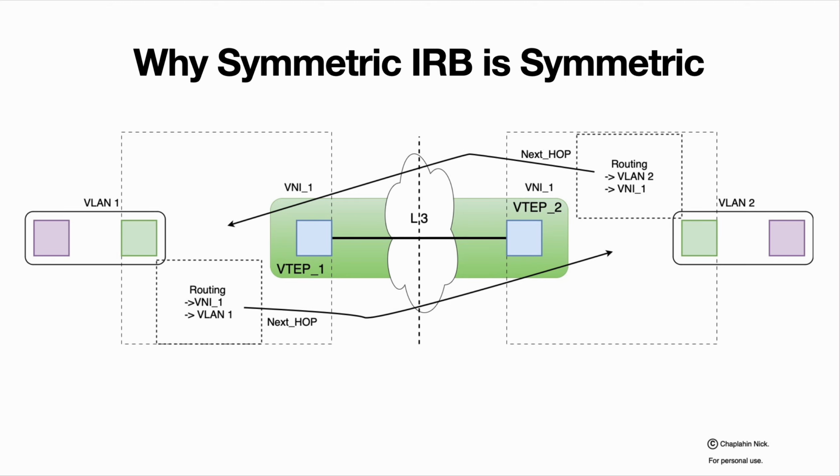I think this is why it's called the symmetric model: on both sides, all participating interfaces are not members of the tunnel VNI. Again, as you remember from the VxLAN video, the specification says a VxLAN tunnel is unidirectional, and some vendors treat it seriously.